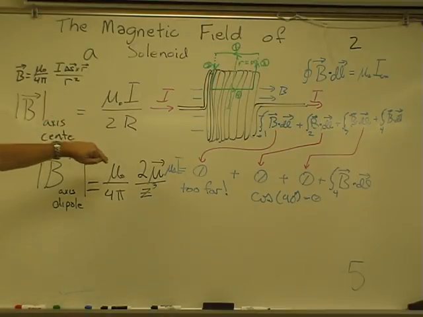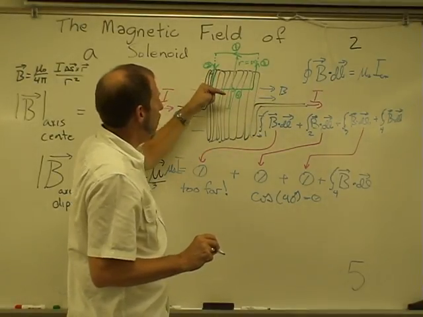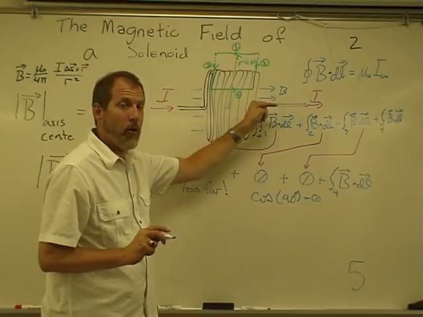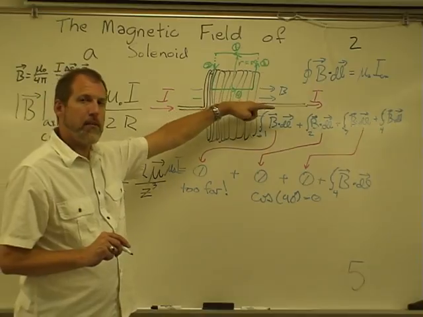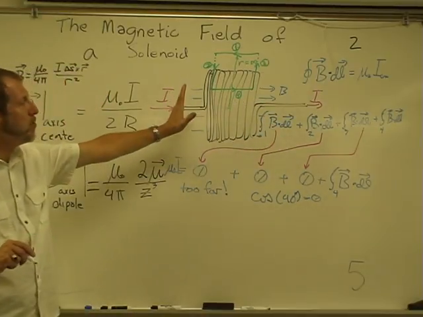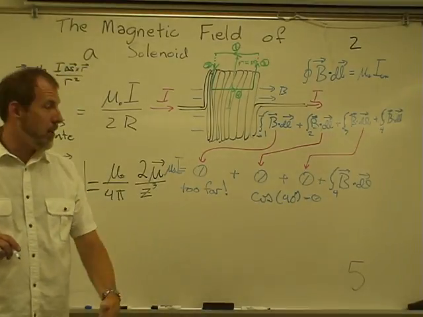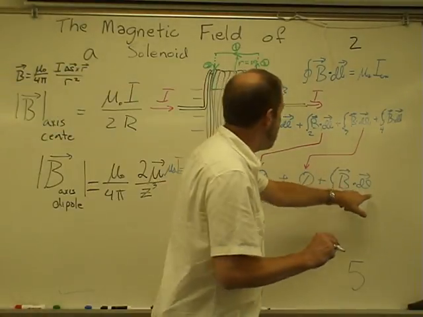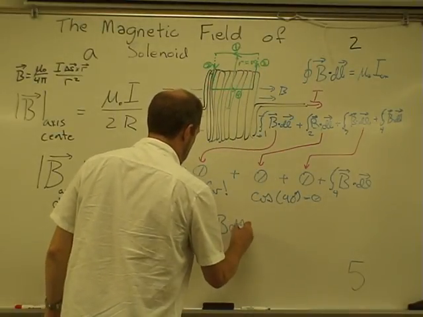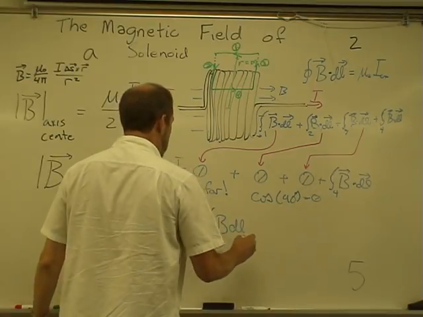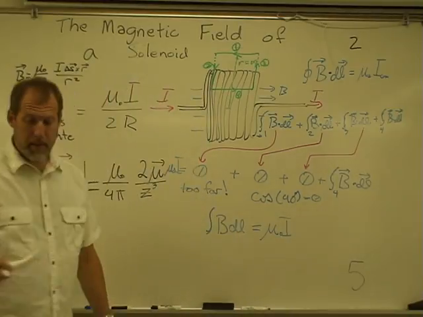Now, if I'm going in this direction, at every point as I move along segment 4, dl is perpendicular to the surface. At every point for each one of these individual little loops, the magnetic field as I pass through that loop is perpendicular to the surface. So B dot dl is just equal to the integral of B dl, which is mu naught times I.